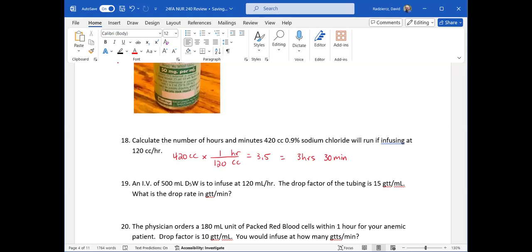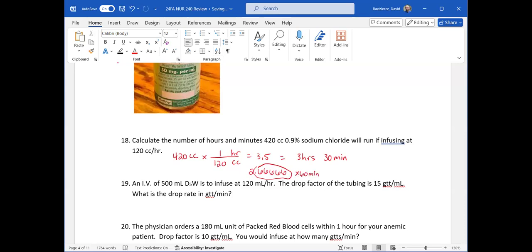If for some reason you got an answer, like let's say you got an answer of 2 point something that just keeps repeating, what you would do is you would say, okay, I'm going to take this part, the 0.6 repeating, and I'm just going to multiply that by 60 minutes.